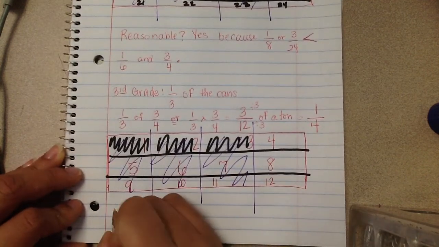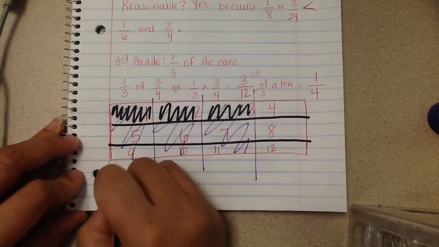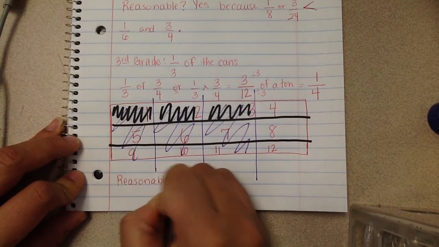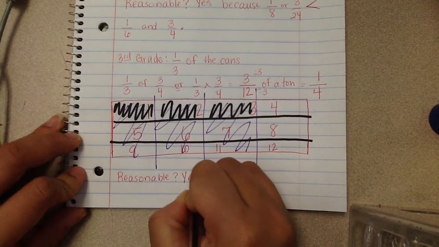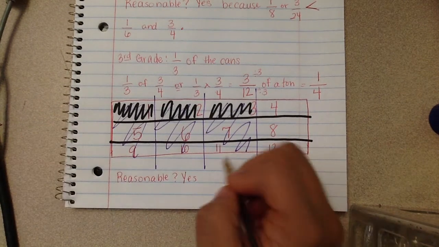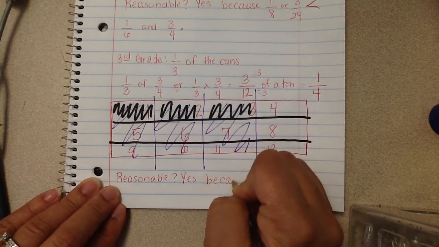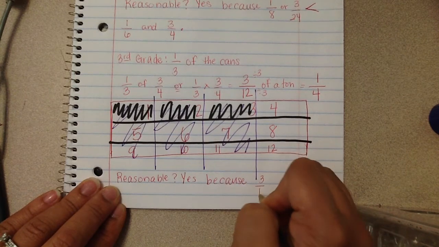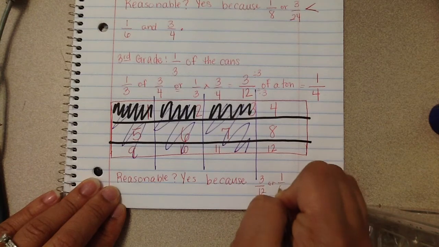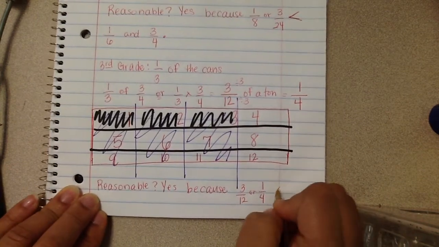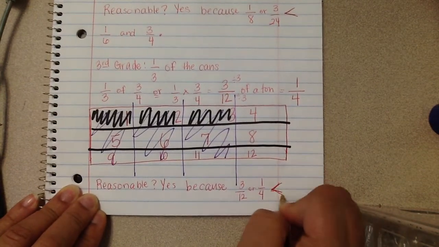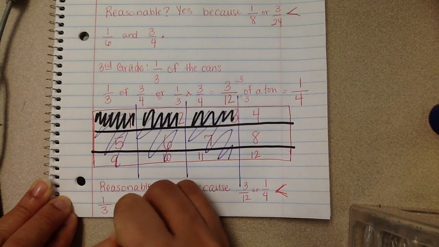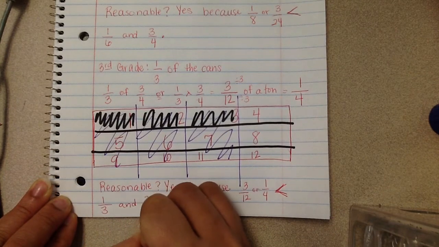Is it reasonable? Okay. Yes. Because 3/12 or 1/4 is less than 1/3 and 3/4.